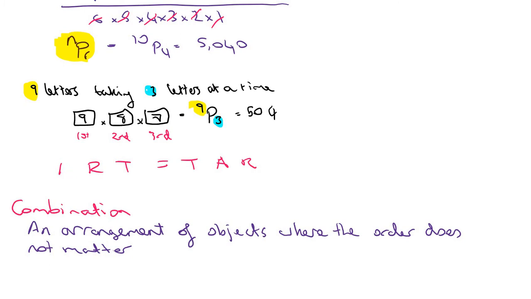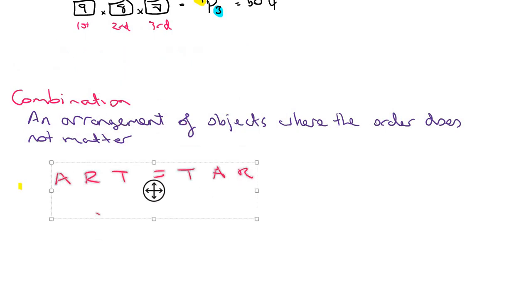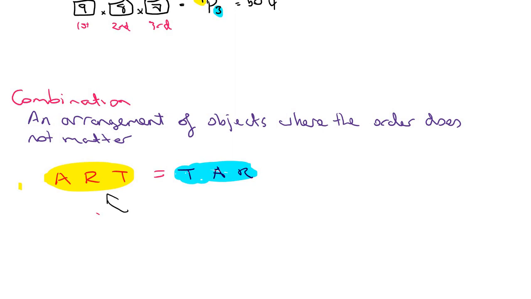So effectively, when I'm dealing with a combination, those two are the same. So if that was one arrangement, and that's a different arrangement, in a combination actually it's the same. So if you're looking for the total number of combinations of 9 letters taking 3 at a time, rather than the permutations, in our calculation we have to take out the number of arrangements where these are the same.